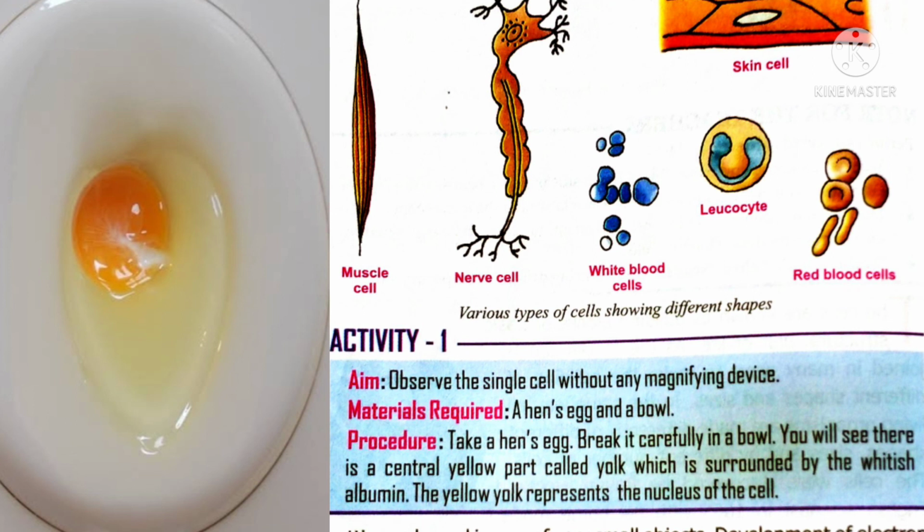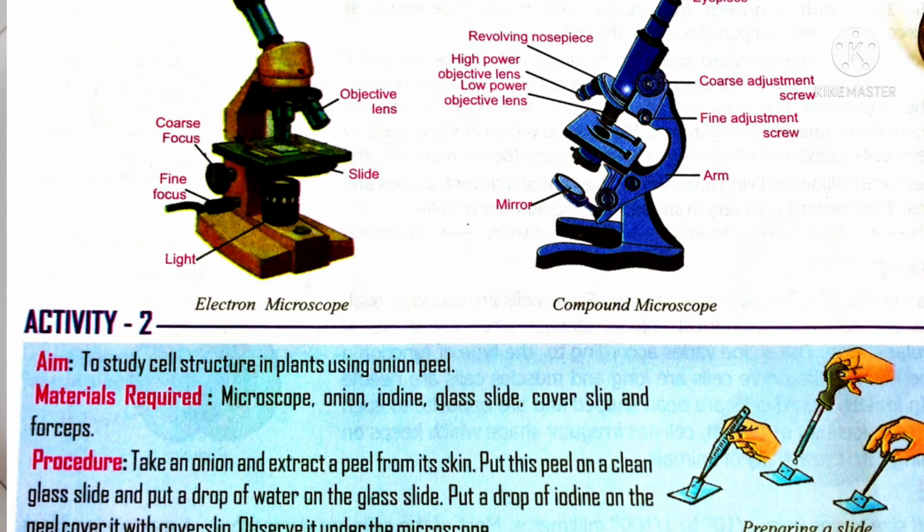Take a hen's egg and break it in a bowl. We can observe the central yellow part called yolk, which is surrounded by a whitish compound called albumin. The yellow yolk represents the nucleus of the cell. We can observe the size of our body cells by using an electron microscope.